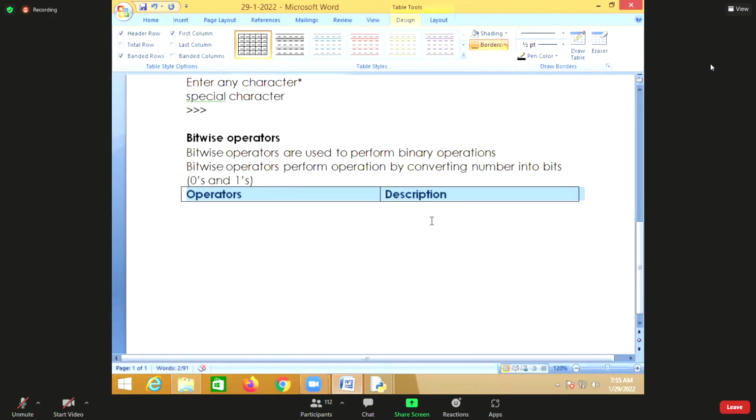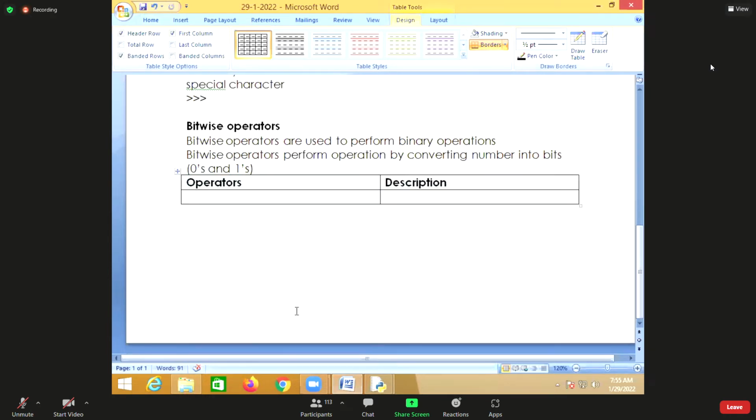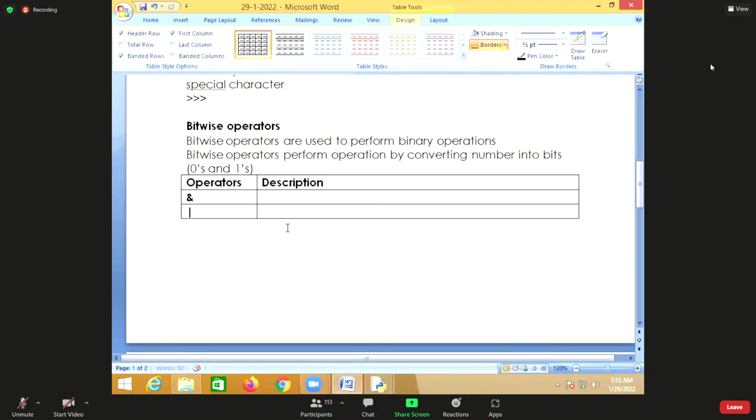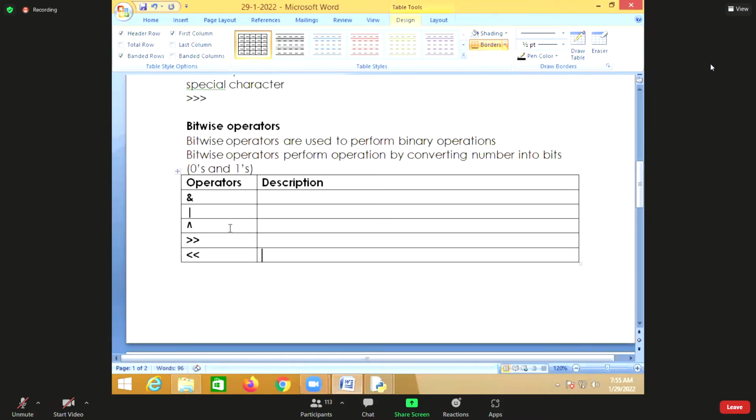Now if you see bitwise operators, there is an operator called ampersand, and there is a pipe symbol, and there is a cap symbol, greater than and less than, and there is a not symbol.